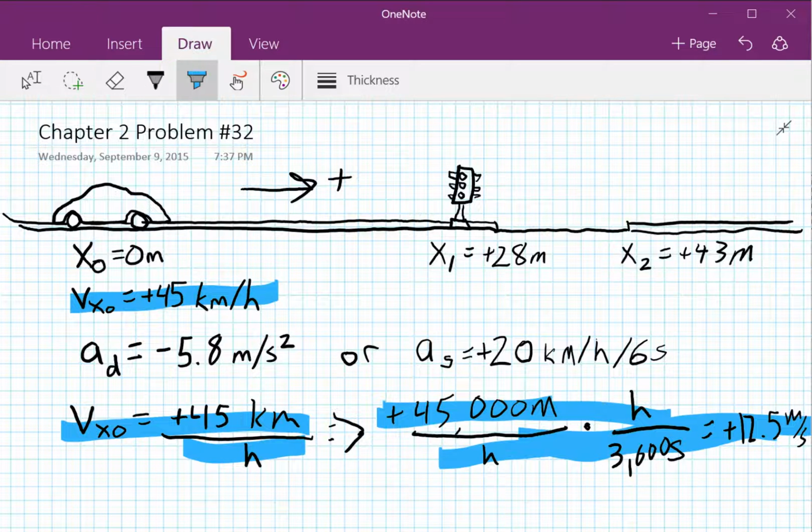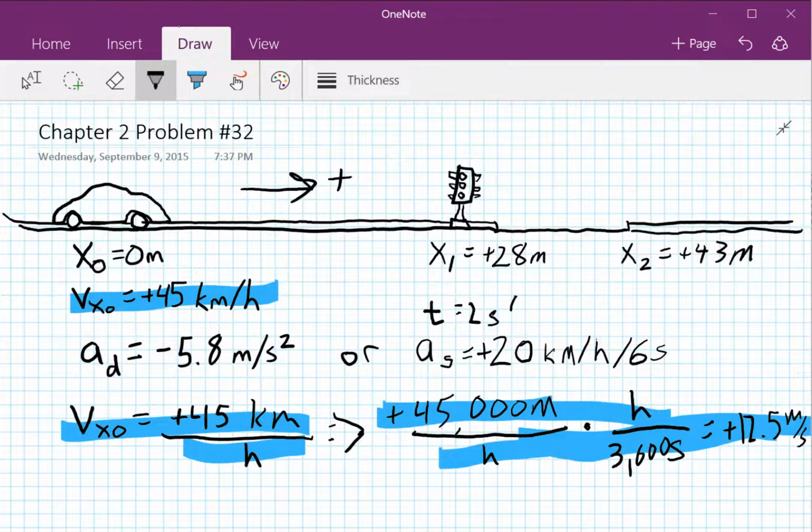Now there's something else that I didn't write in the list because it's not needed for both scenarios, it's only needed for one scenario, and that is the time. So we're actually going to write it above the acceleration for speeding up. T equals 2 seconds.